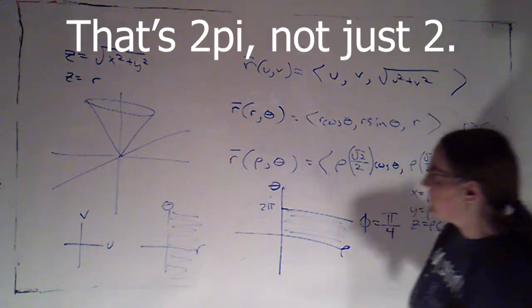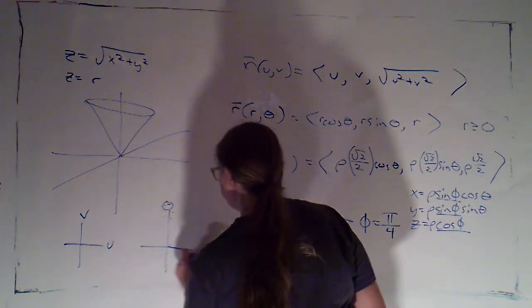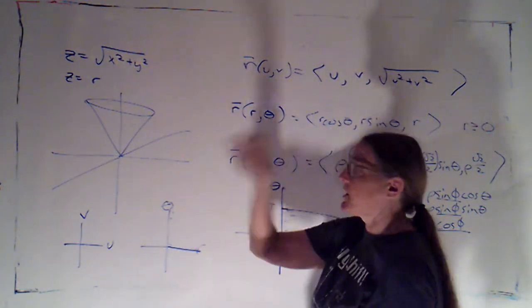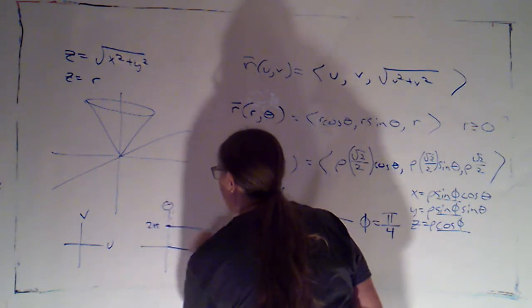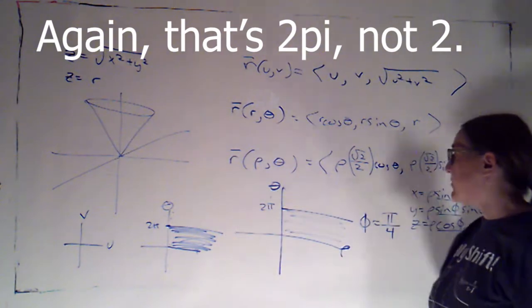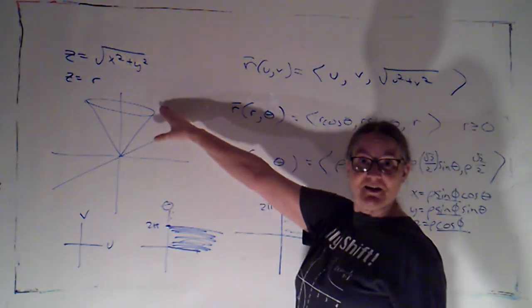Oh, and actually over here, I'm sorry, I didn't want just that half plane. I can let theta vary infinitely, but if I do, I'm going to get the cone multiple times. If I want to get the cone just once, I would let theta vary from 0 to 2 pi, and r be non-negative, so I'm looking at that infinite rectangle mapping to the cone.